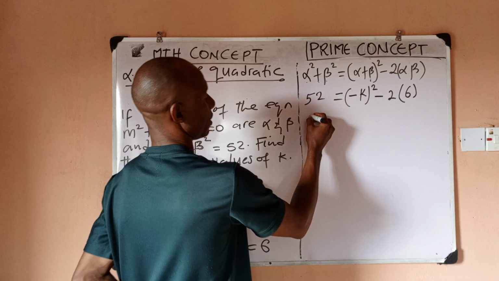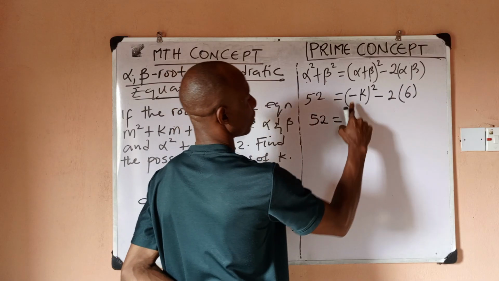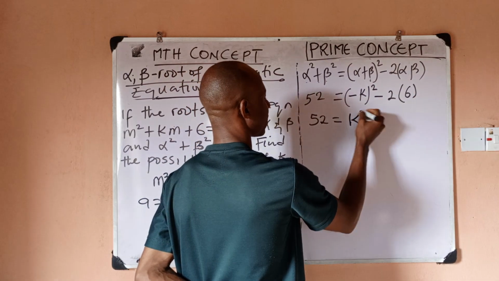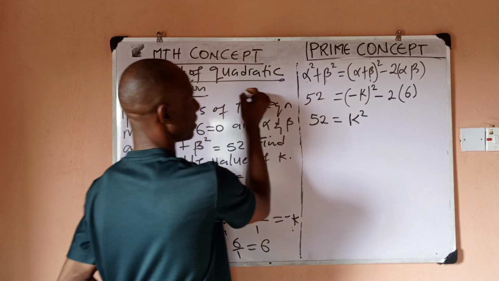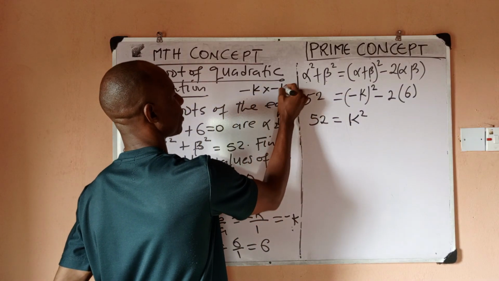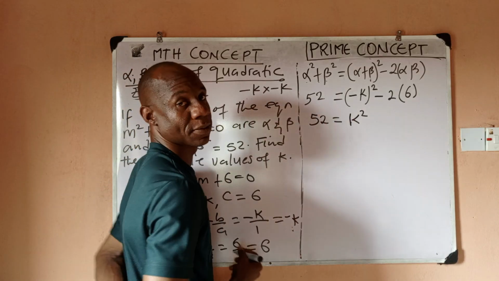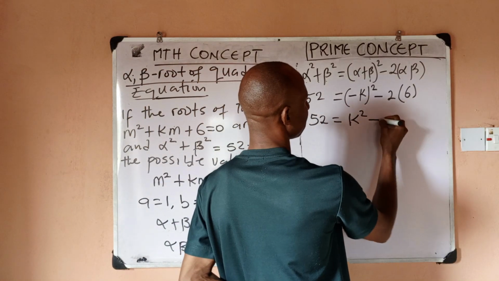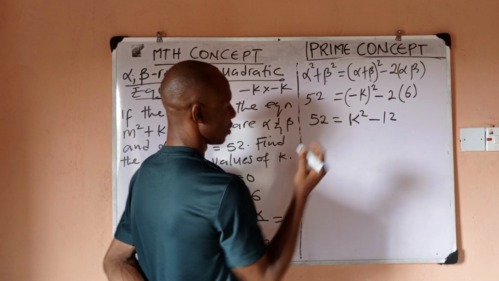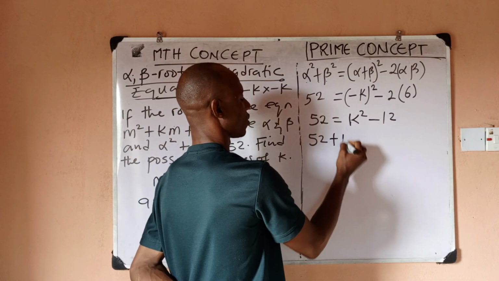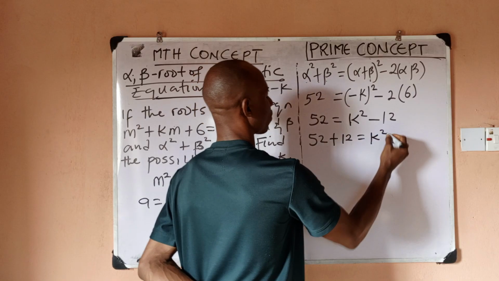So I'll say 52 equals, now minus k squared is actually positive k squared, because this means minus k times minus k. Minus minus is plus, then k times k is k squared. So this is minus 12. So I have 52. When this minus crosses, it becomes plus 12 equals k squared.